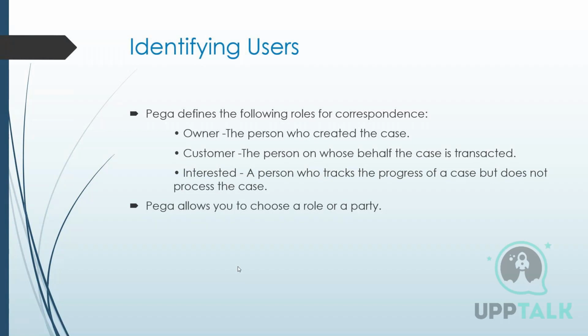I use it and I've started the transaction. So who is the owner and who is the customer here? Because it's self-service, the owner and customer are the same person. Exactly. I would be the owner of the case and I would be the customer as well.